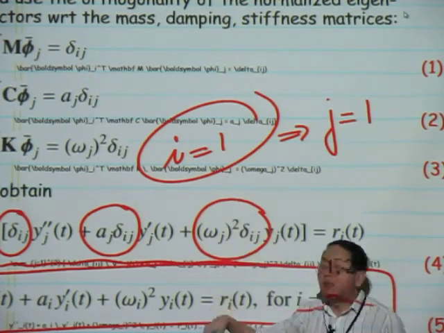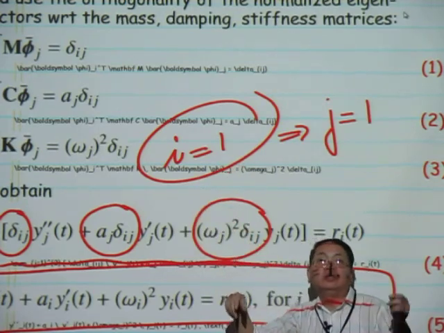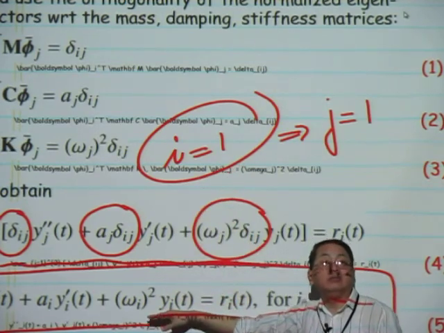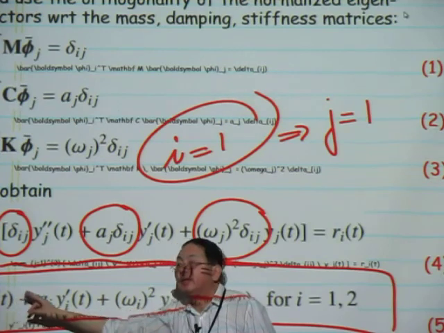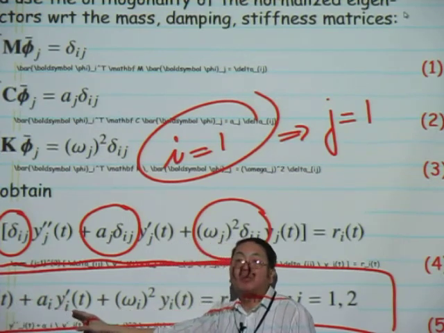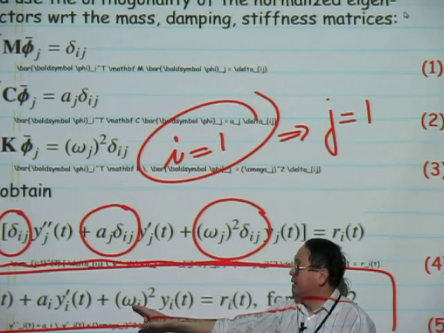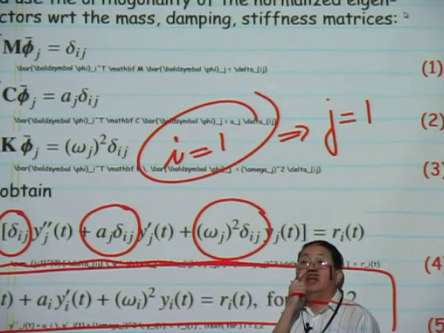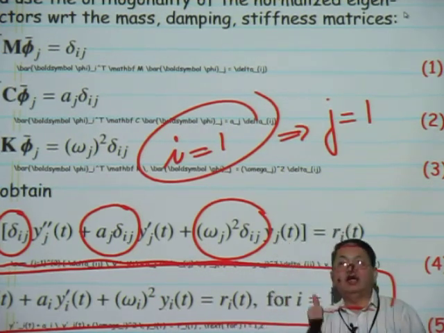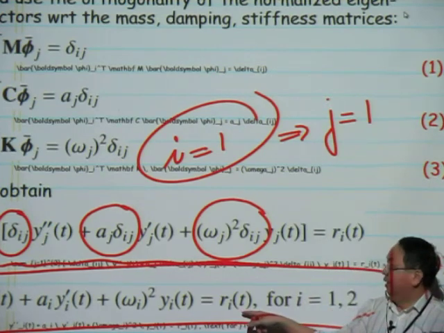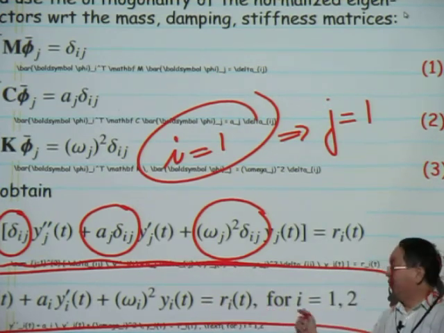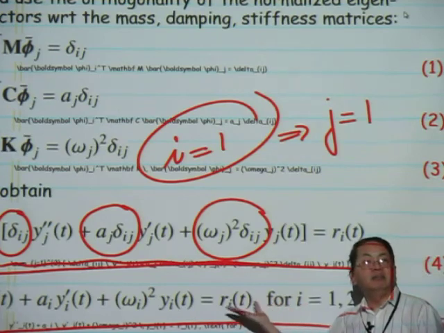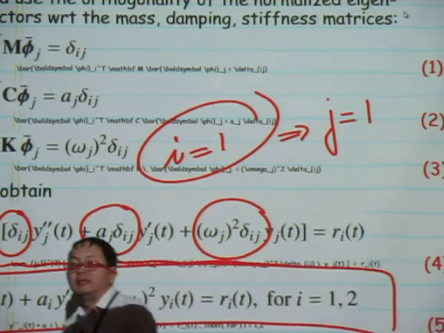Then you repeat the same argument with I equal to 2. You get the second equation, which is y2 double prime plus a2 y2 prime plus omega 2 square y2 equal to r2. And writing, thank you, Casey. Writing in initial form, basically, just write into one equation.